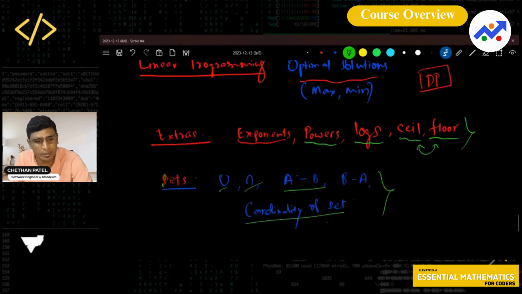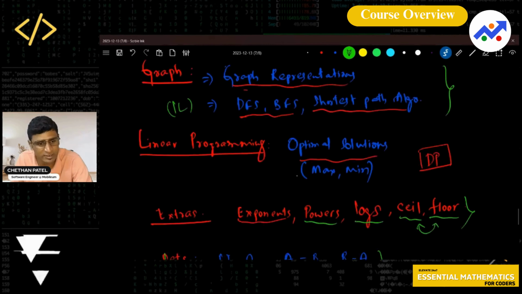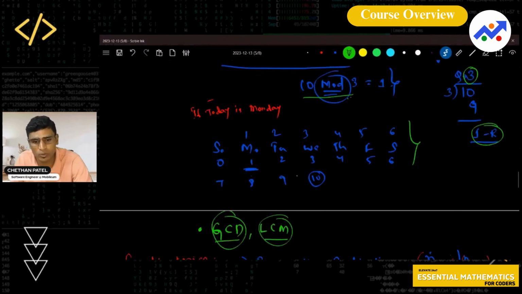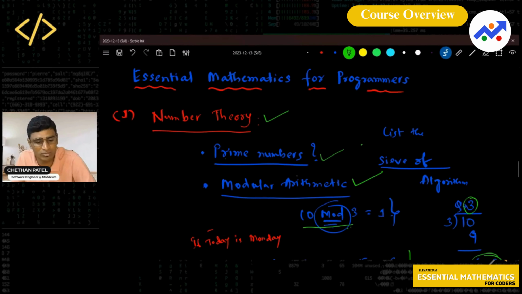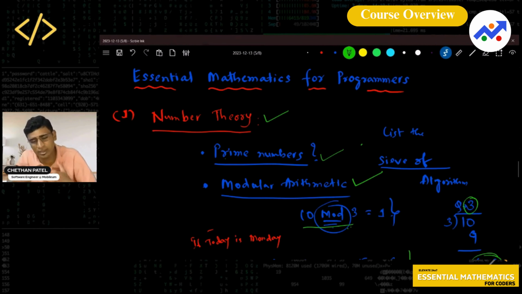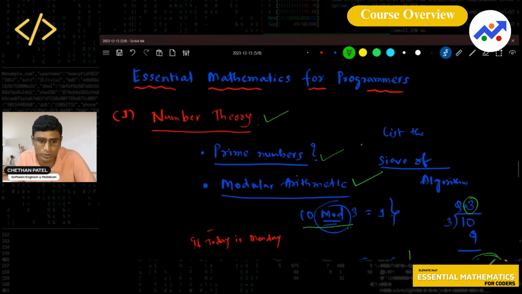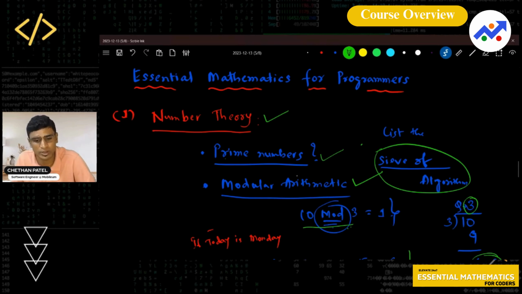As far as mathematics is concerned, we'll be discussing all these topics that I told you about. So let's say we need to work with prime numbers, it's important for us to generate the prime numbers. To generate prime numbers, we must follow the Sieve of Eratosthenes algorithm.